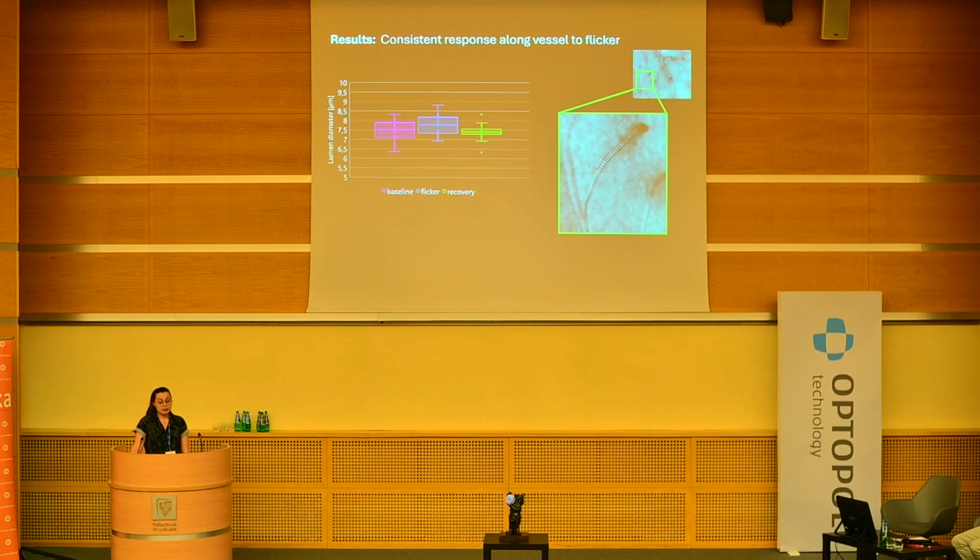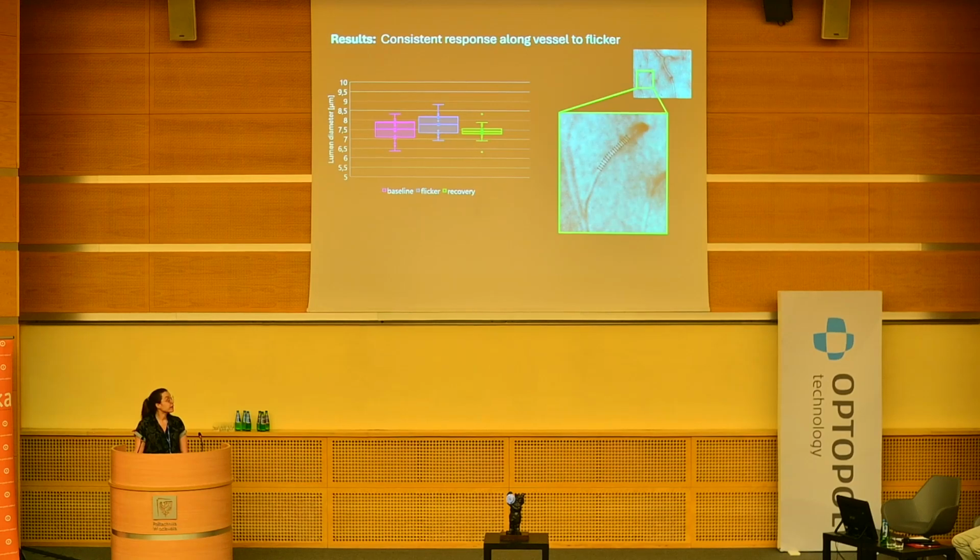In this graph, you can see the lumen diameter values of a single capillary in baseline, flicker, and recovery parts. Even though the values slightly vary, they suggest a consistent response along the vessel. And also, as you can see, flicker increases the lumen diameter of the vessel.